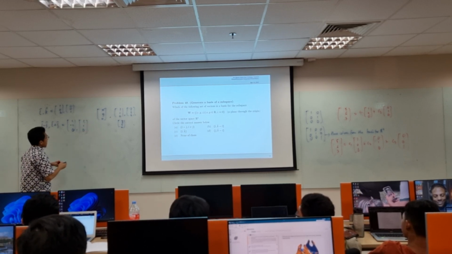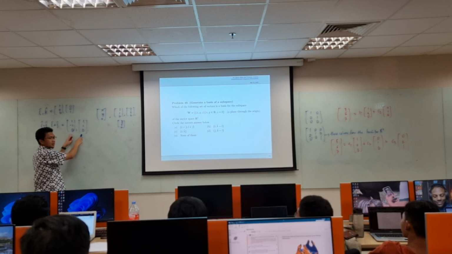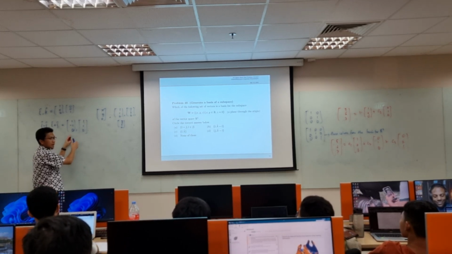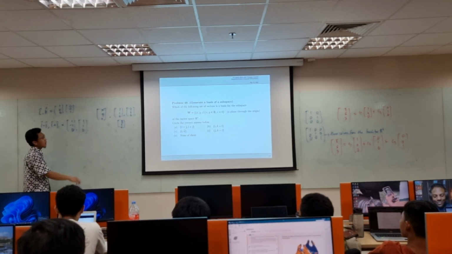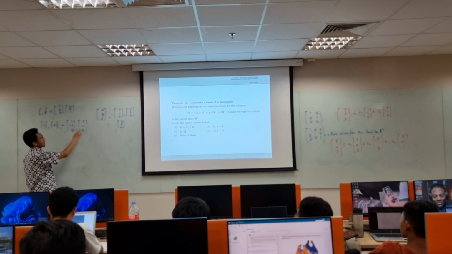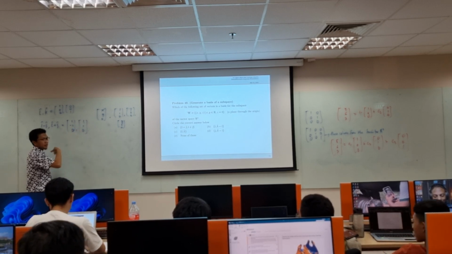Are these two columns linearly independent or not? Yes, because this column cannot be expressed as this column multiplied by any scalar.